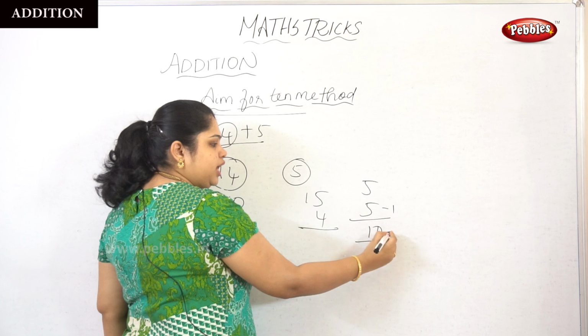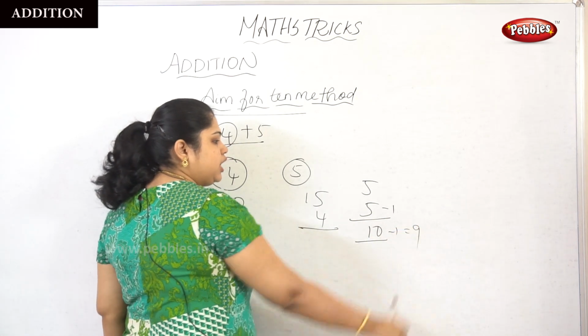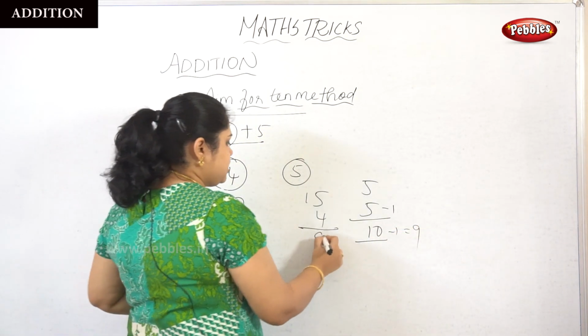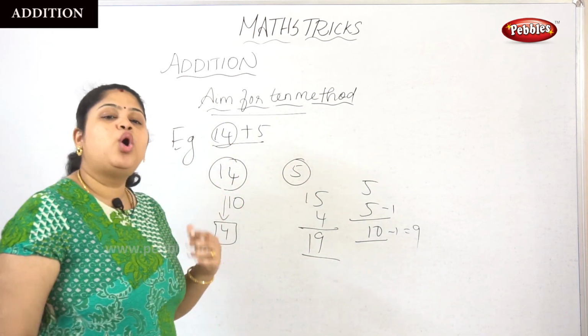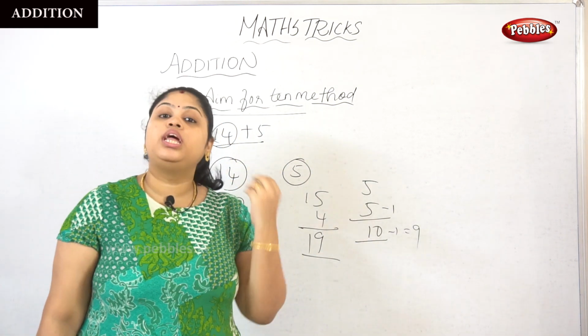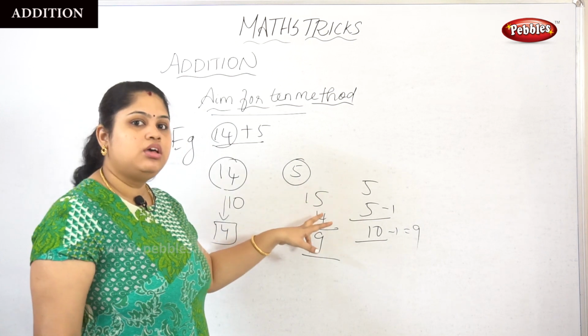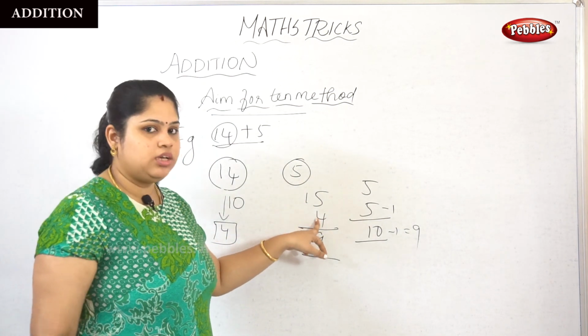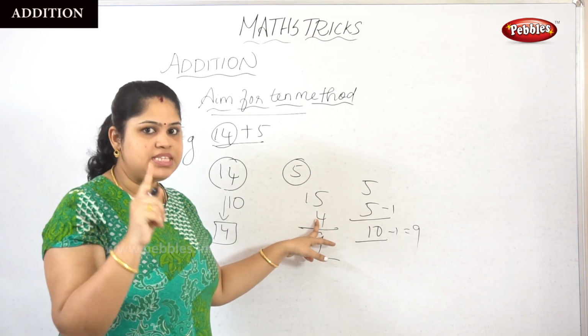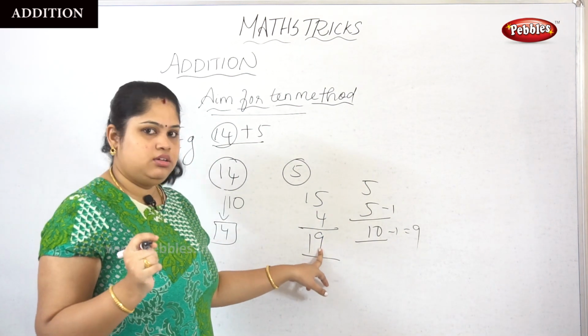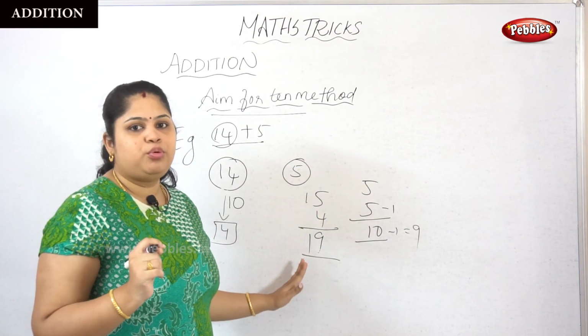So here also we get a minus 1, so the answer will be 9, that is 19. Think of it this way and it will be easy. 5 plus 5 is 10, so 1 is missing to get the 5 plus 5. So it is 9, and with the 1 in the tens place, it's 19.